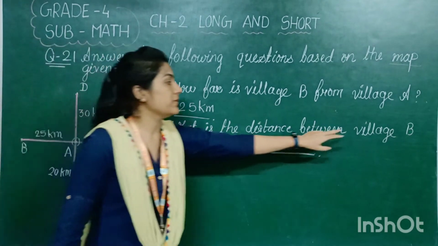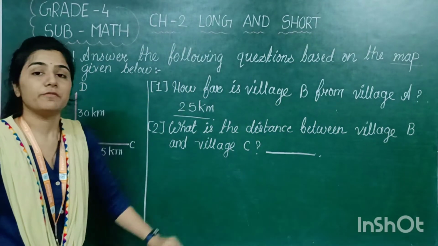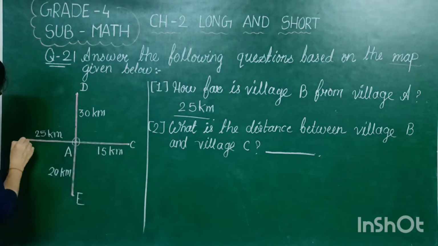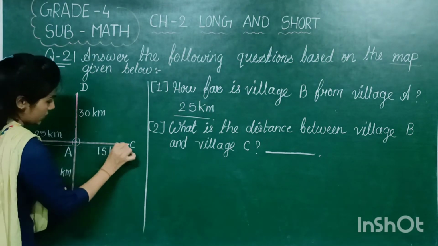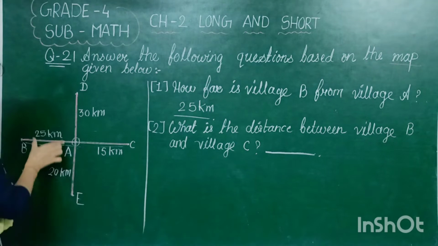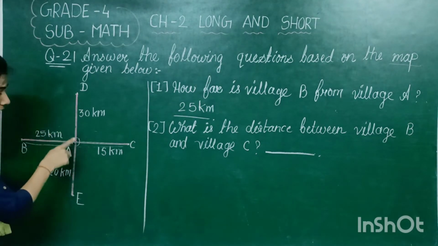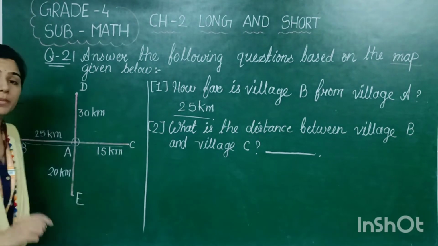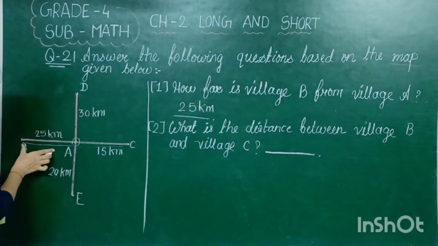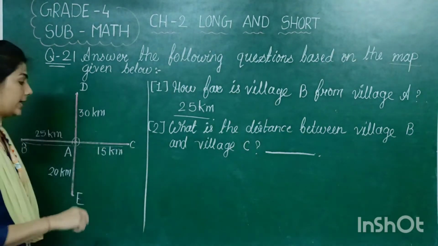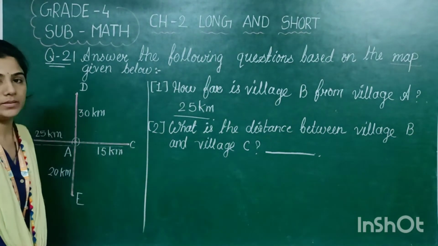What is the distance between B and C village? We can see that from this B point to C point, this whole distance we need to cover. That means we have to take this 25 kilometer, B to A, and A to C. So we will add the B to A distance and the A to C distance. Then only we will get the total distance between B and C.